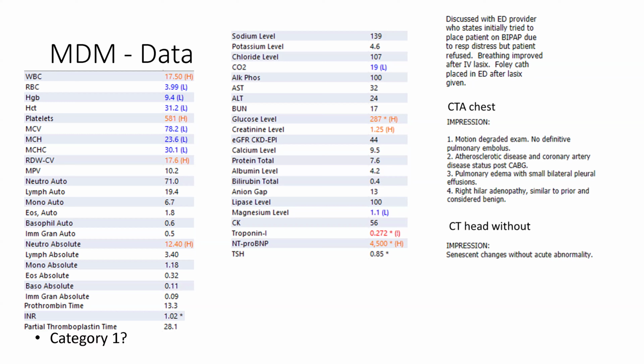I counted through this, and I think it was about 10 different tests, because the CBC, there's a PT, a PTT, a CMP, a lipase, MAG, CK, troponin, BNP, TSH.